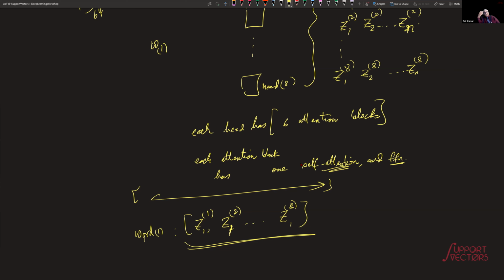Why 6? There's nothing magical about 6. 6 is enough. Why 8 heads? Again, nothing magical. You can increase it, decrease it. It's a hyperparameter. You can play around with it, right? 8 seems to have worked with the original authors, and 8 is commonly used in the reference implementations in the open source. 8 heads, right?